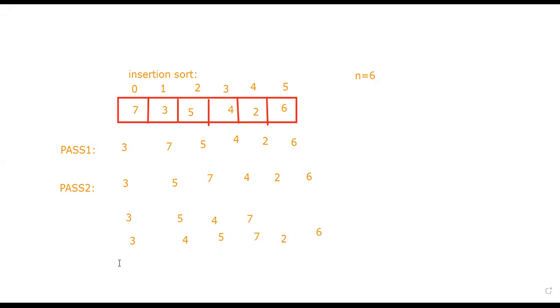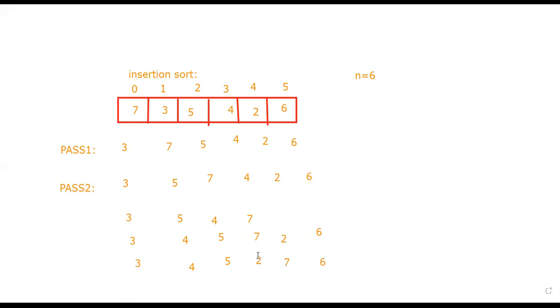Then again compare 3 4 5, up to 5 it is okay. Now compare 7 with 2. It is not in order. Again swap it: 3 4 5, 2 will come in place of 7, 7 in place of 2. 6 is 6.